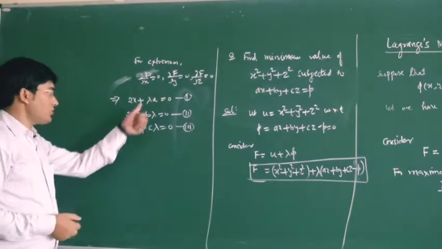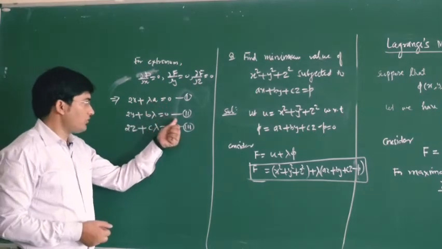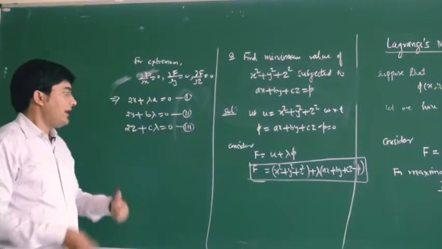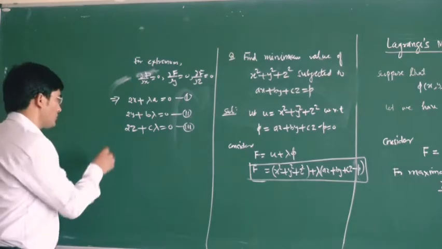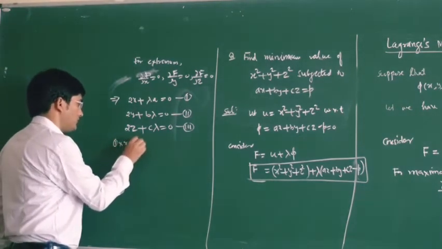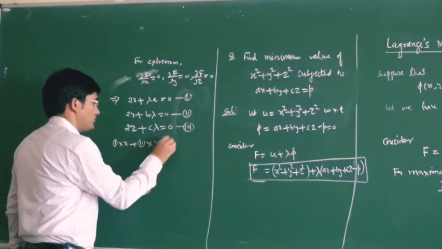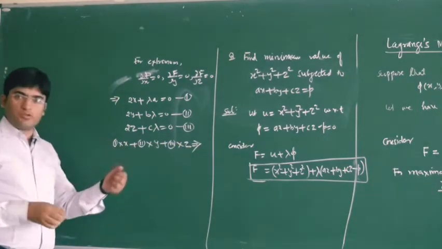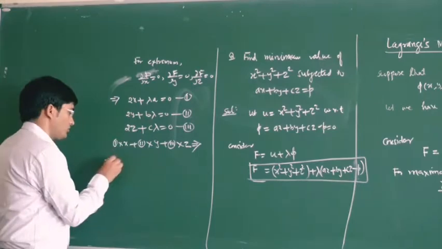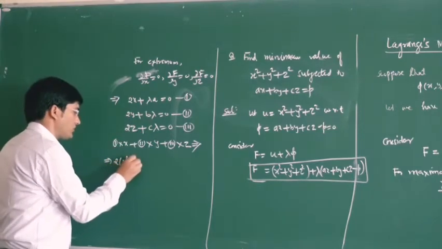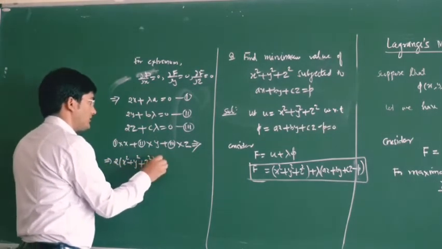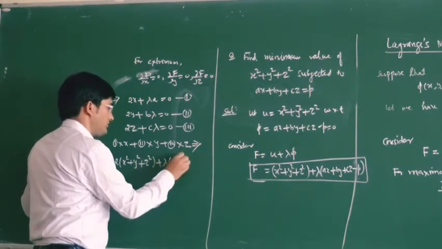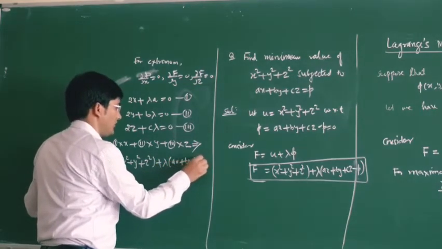Let us multiply equation number 1 by x, second by y, and third by z, and add these three equations. I am doing this because we need the value of lambda. So this will be x square plus y square plus z square plus lambda times (ax plus by plus cz) equal to 0.